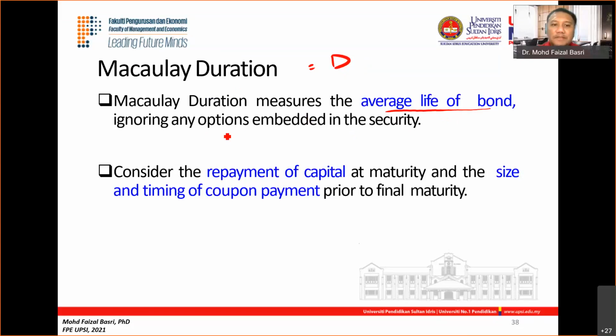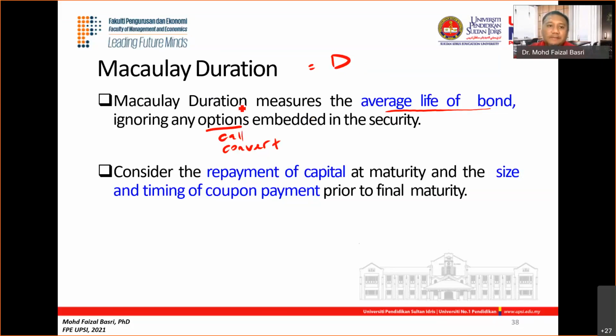So what kind of options? If you remember, options like callability or convertibility will be ignored. So we're going to assume there will be no attachment towards the bond. There's no options or whatsoever.